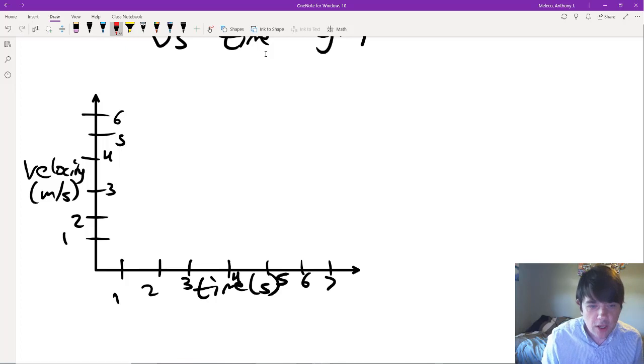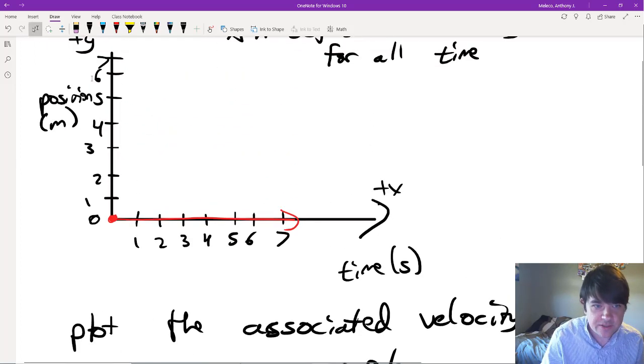We want to basically plot the velocity versus time graph from the position versus time.